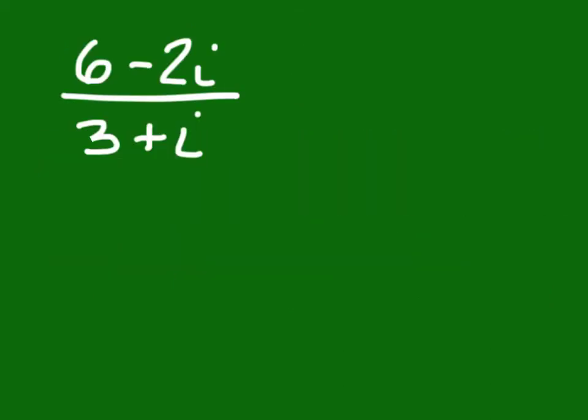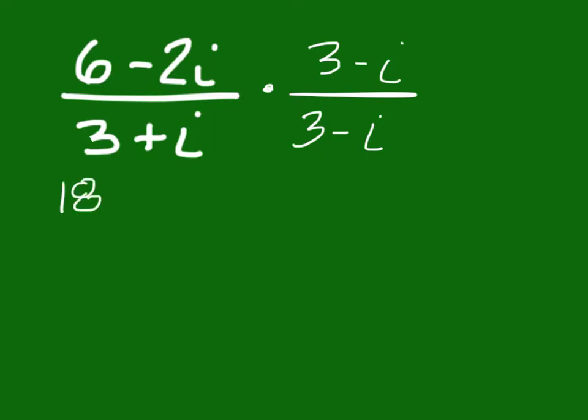Example 2. 6 minus 2i over 3 plus i. What should I multiply the top and the bottom by? 3 minus i. So on the top, that would give me 18 minus 6i and minus 6i plus 2i squared.